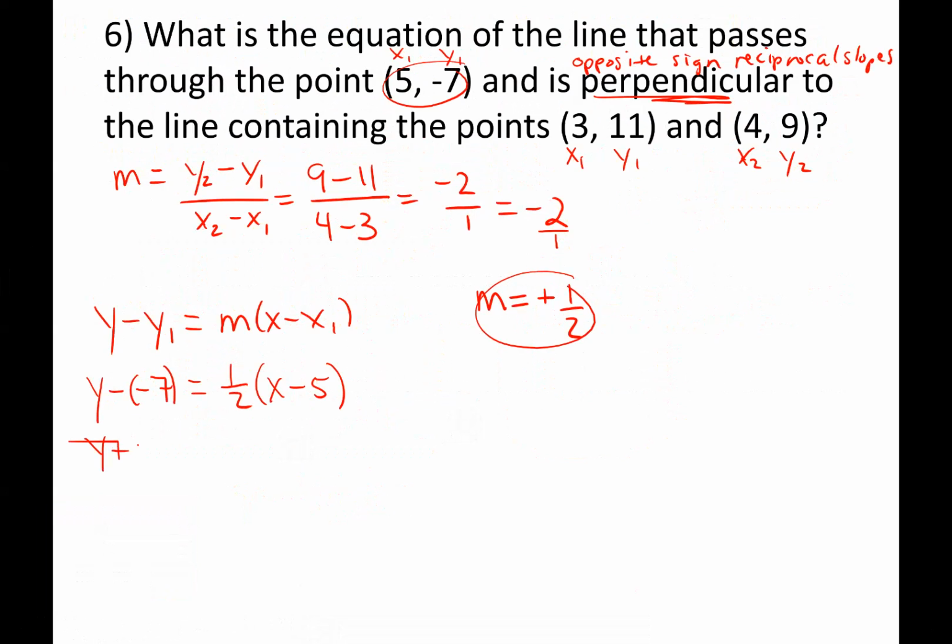Then I get y plus 7 equals, here distribute 1/2 x, and then again do that fraction math to the side if you need to. I get negative 5 over 2, which is yucky, but we're just going to write it down for now like that.